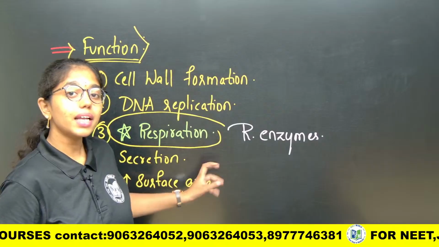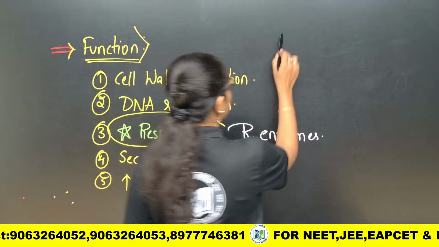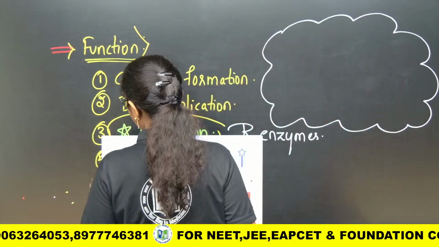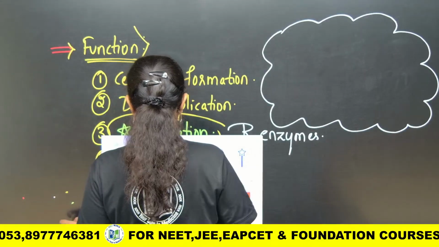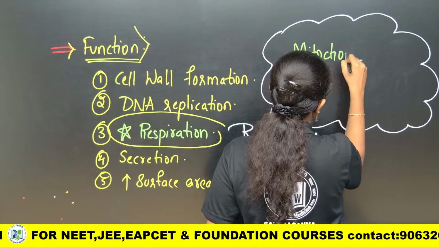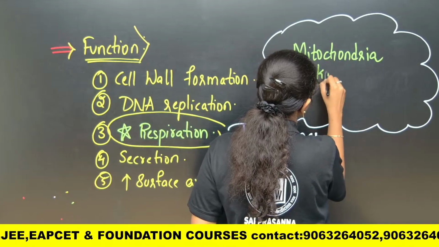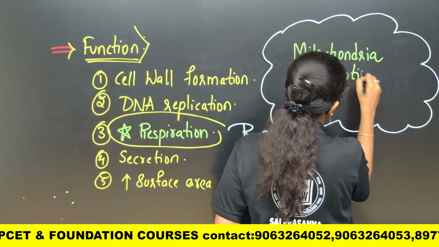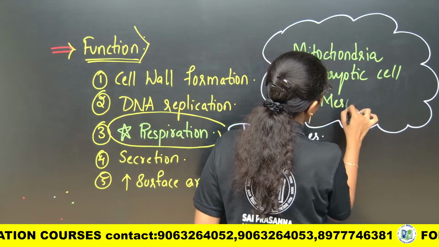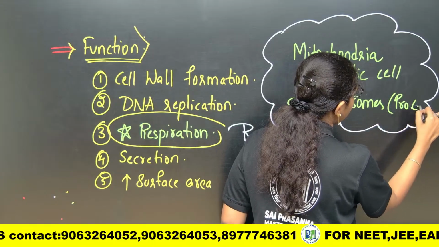As they are conducting respiration in the prokaryotic cell, there is a most important statement: the mitochondria of the eukaryotic cell is equivalent to the mesosomes of the prokaryotic cell.